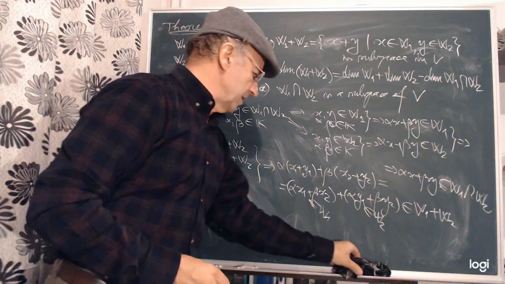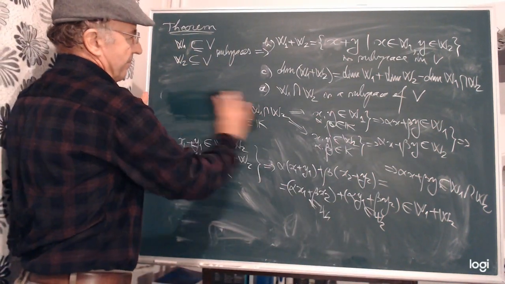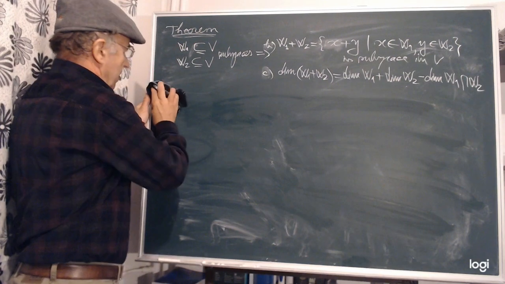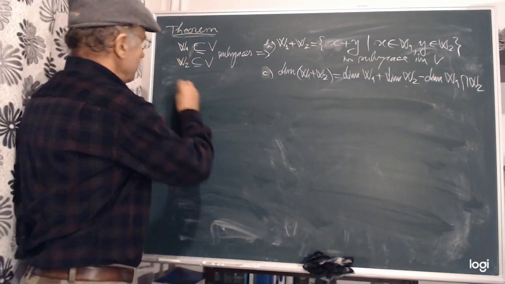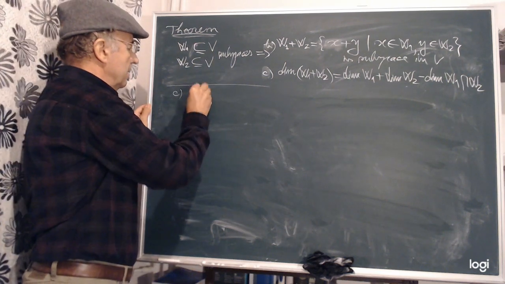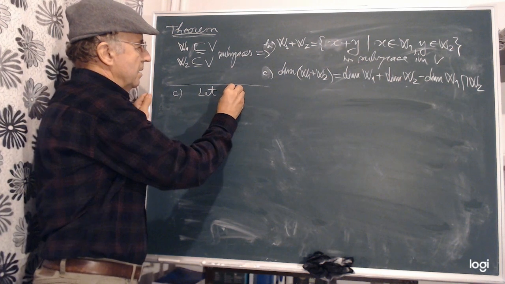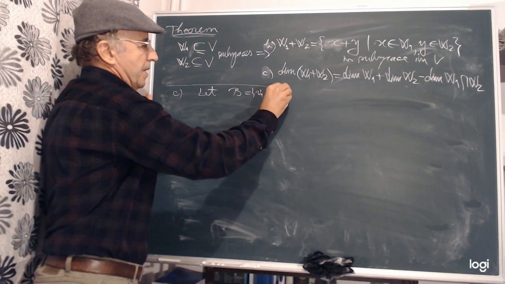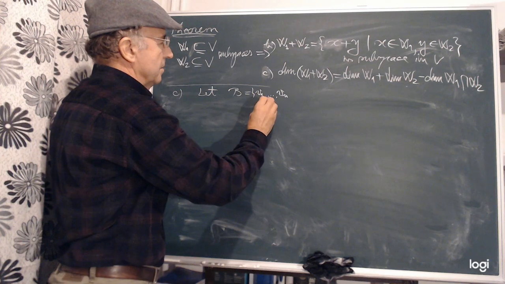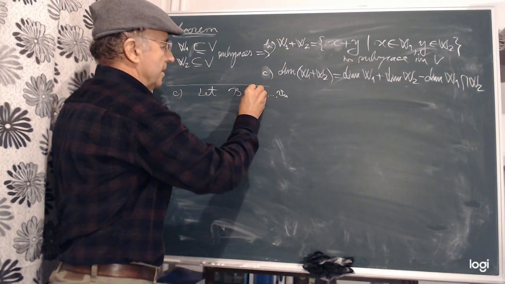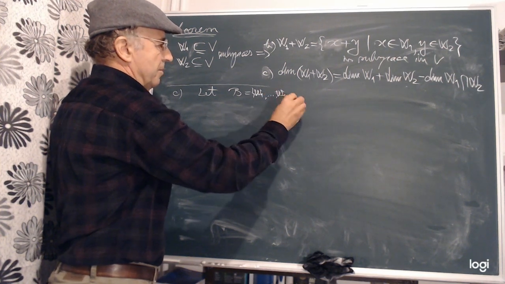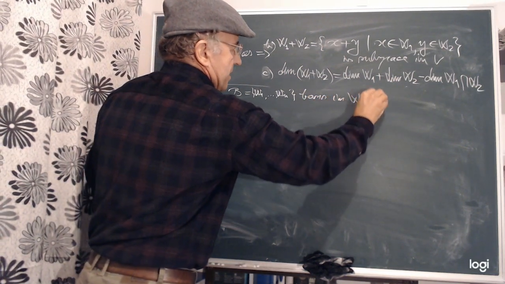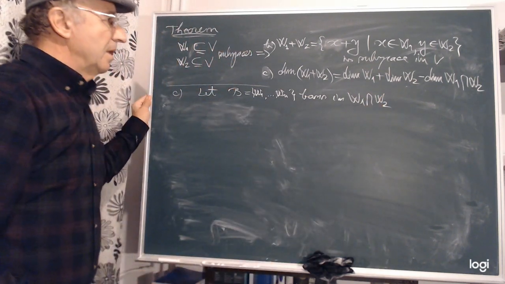Now point C remains to be proved. Let B equal v1 up to vn be a basis in W1 intersection W2.